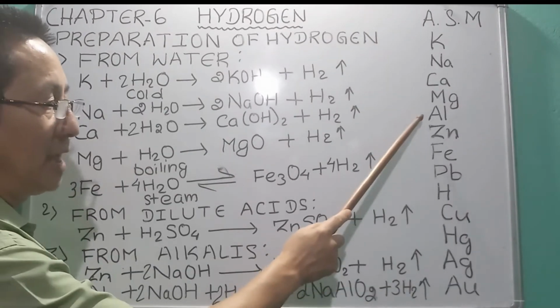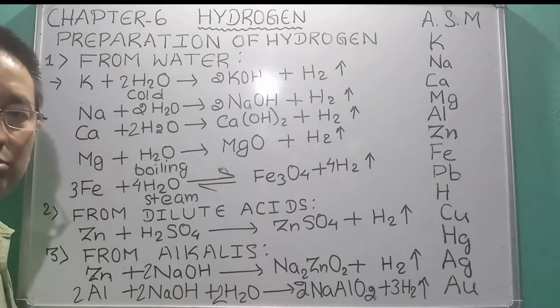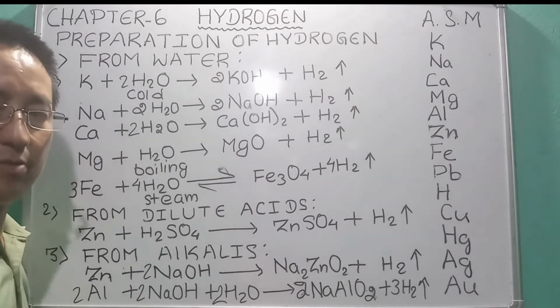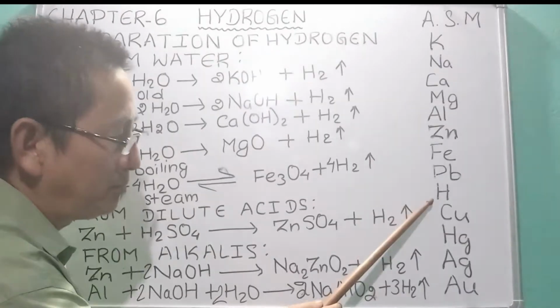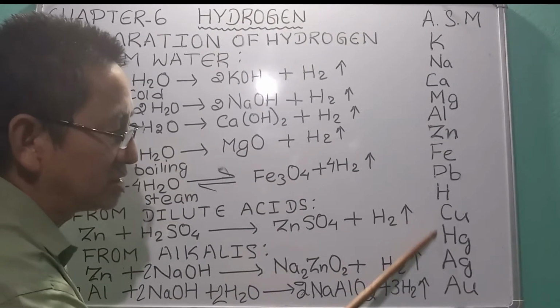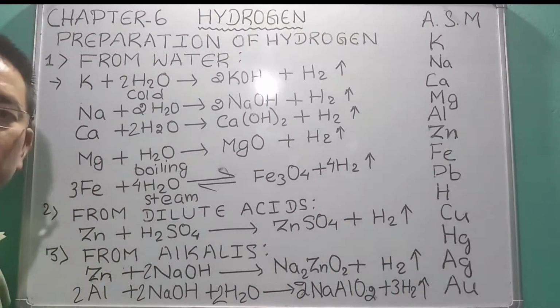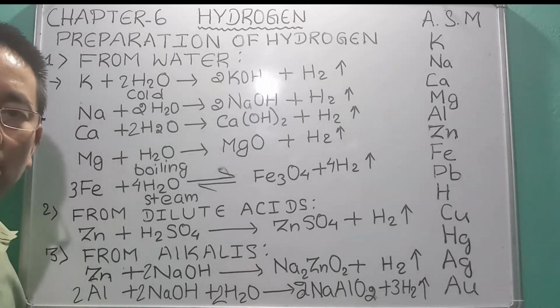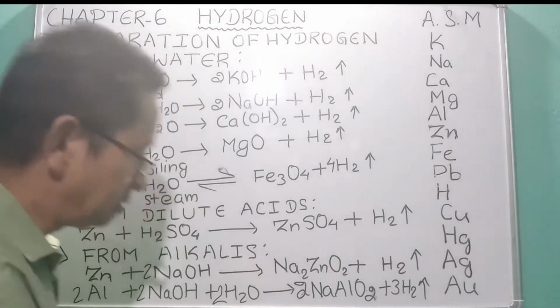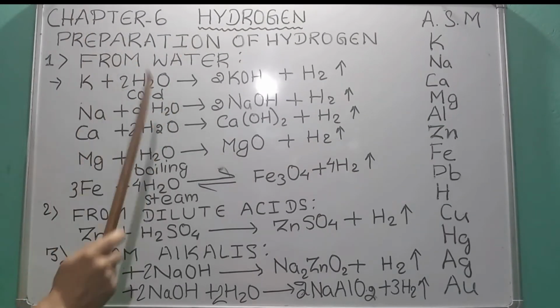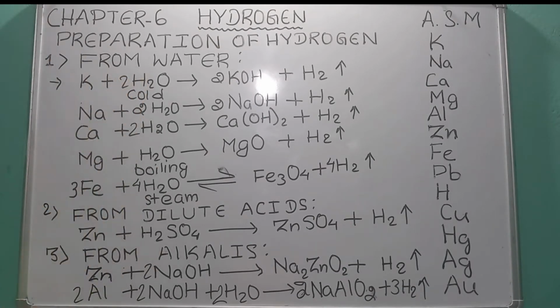Below magnesium, like aluminium, zinc, iron, etc., they react with steam. The metals which are below hydrogen in the activity series, like copper, mercury, silver, gold, do not react with water at all. Let's begin the preparation of hydrogen gas from water.